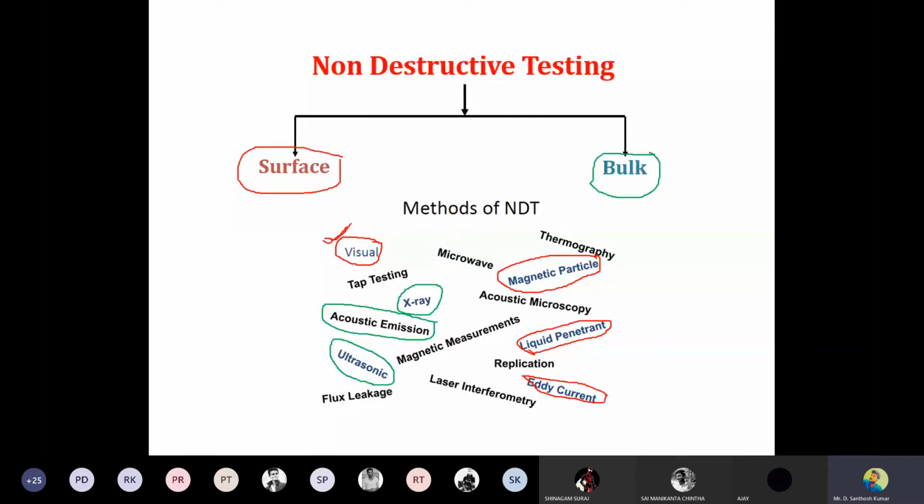Some of these come under the category of surface NDT methods, and some fall under the category of bulk or volume NDT methods. Techniques like liquid penetrant, magnetic particle, and eddy current tests are all surface methods. I think I have explained magnetic particle in earlier classes.